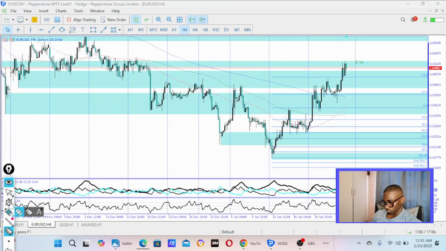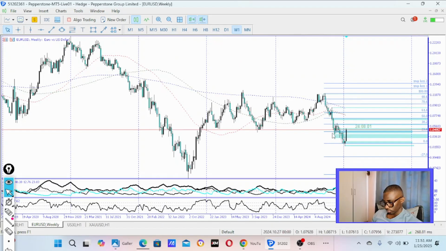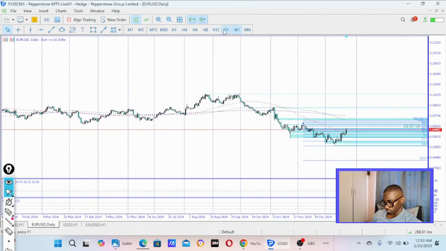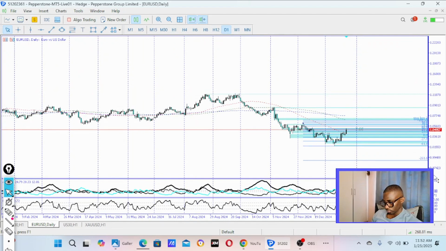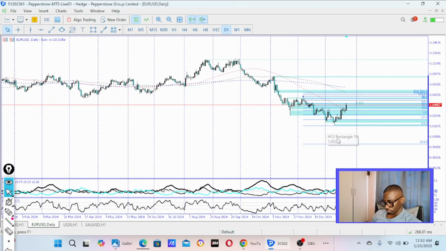So now let's get to the analysis for this coming week. We already established from the weekly that price is in a downtrend. On the daily, price is in a retracement from that downtrend. It's a retracement over here. This is a retracement here. Price makes high, low, high, low. So price is in retracement.